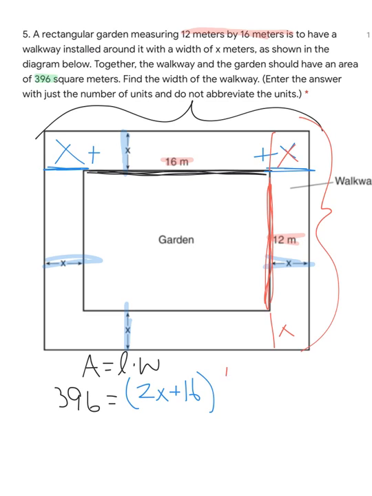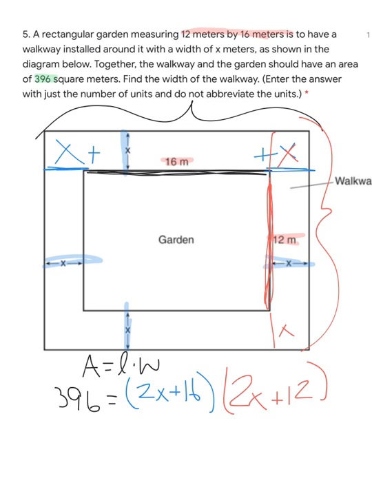So we have x plus x, which gives us 2x, so we have to account for that walkway. Plus 12 is the expression that would represent the width of this walkway, including the garden. So we actually have the equation for the area: 396 equals 2x plus 16 times 2x plus 12.